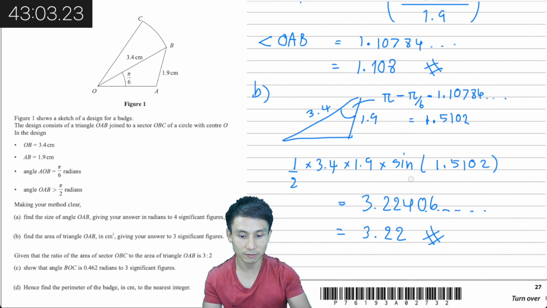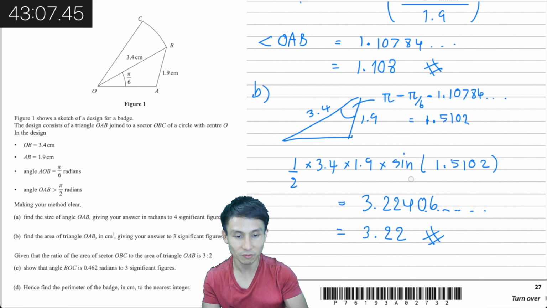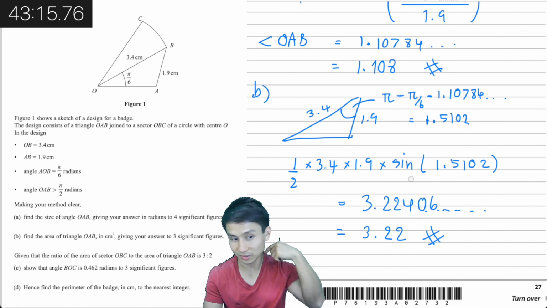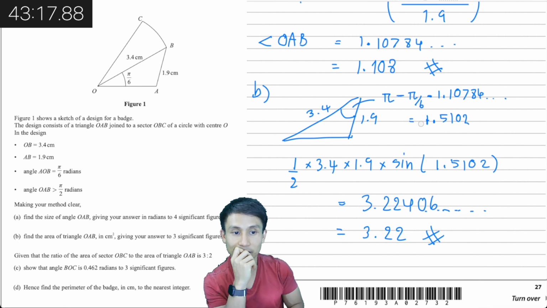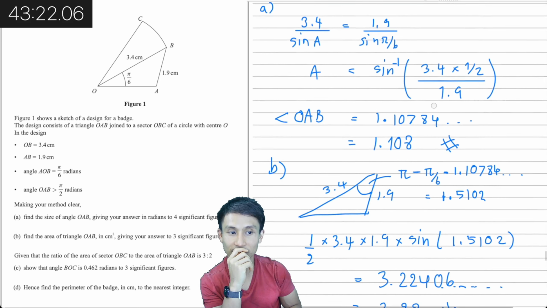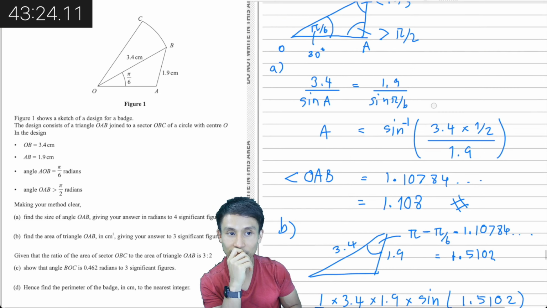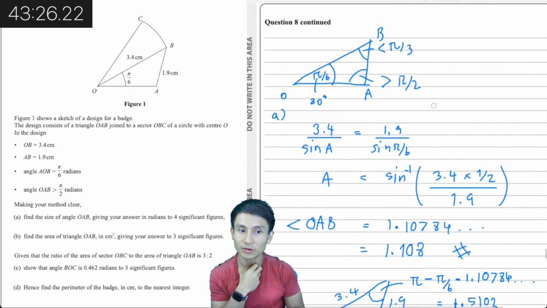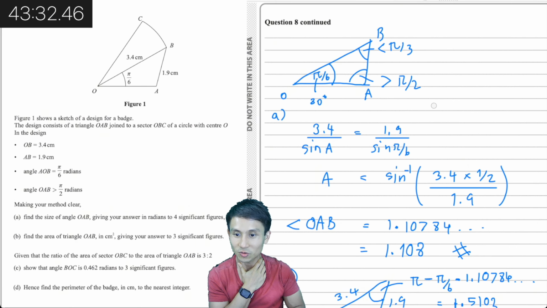Okay, so let's see if I got the right answer this time. Like a different one. 5.1. Still the same one though. Okay, now I start to think there's something wrong with this one now. So did I do a sine rule wrong here? Size of angle OAB.